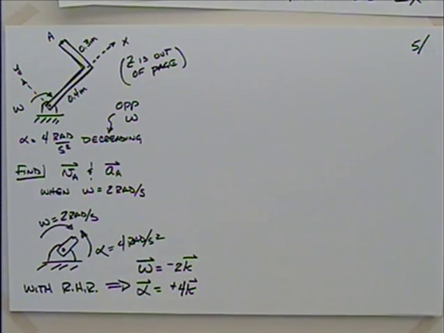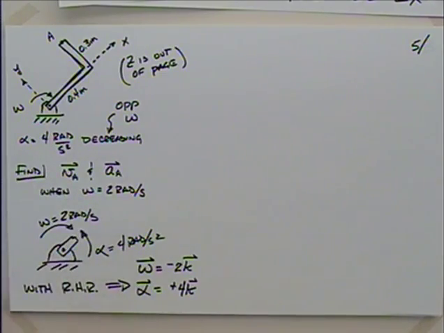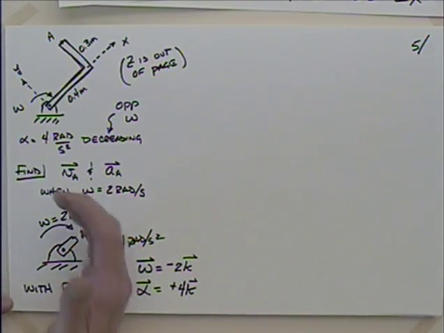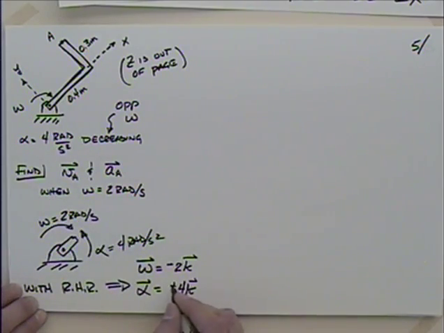So that's important. I'll do that again. Positive z is out of the page, so you put the fingers of your right hand in the direction of omega, and your thumb is pointing into the page. Into the page would be minus z, minus k. Alpha, you take your fingers and put them in the direction of alpha. Your thumb is pointing out of the page, so that is positive z or positive k. So we've got those. Any questions with that?